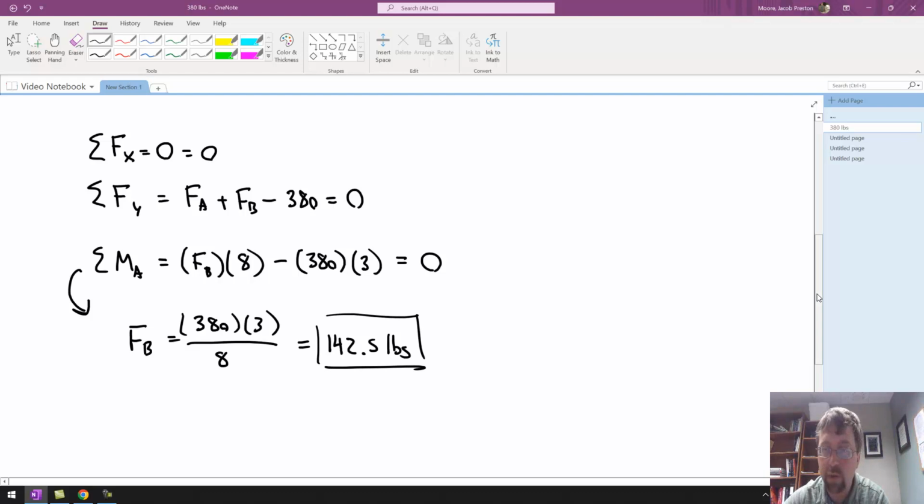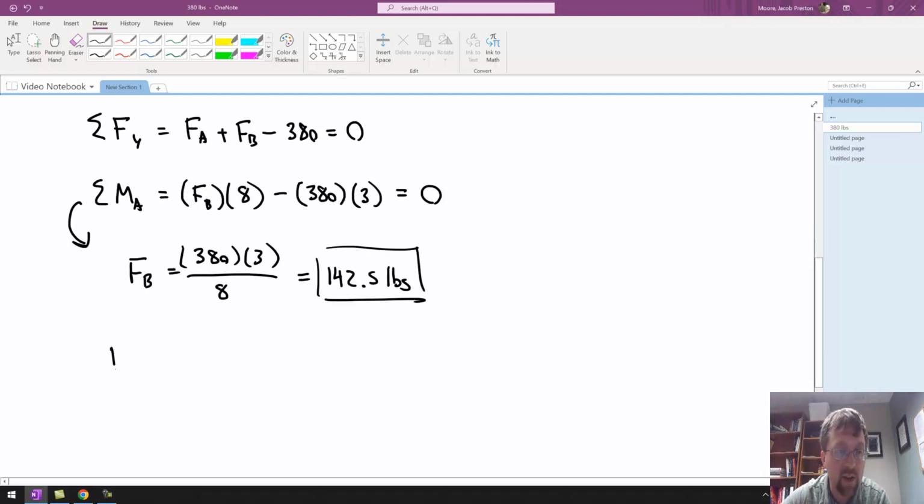So that's one of the two numbers I'm looking for. To find F_A, I would simply take F_A plus 142.5 minus 380 equals 0. So 380 minus 142.5, rearranging this sum of forces in the y equation, I get an F_A value of 237.5 pounds.